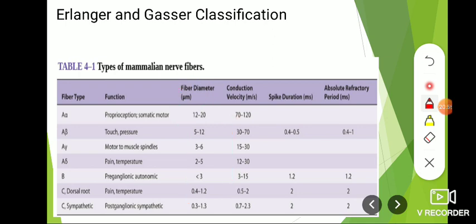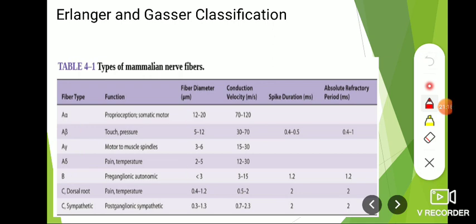So this classification is based on diameter and conduction velocity. Based on that, they are classified into A, B and C. Now A is further divided into A alpha, A beta, A gamma, A delta. So gradually there is a decrease in diameter.